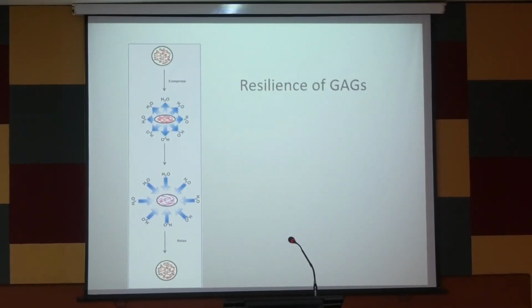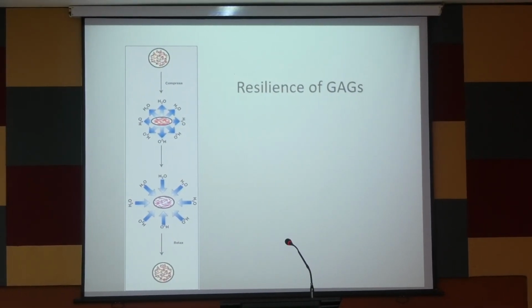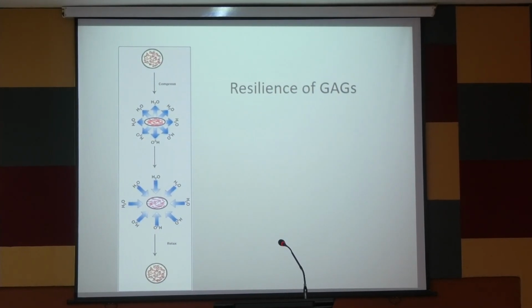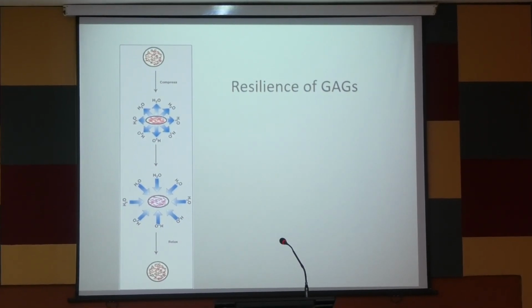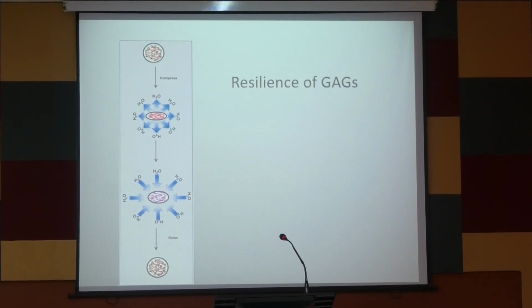Now, what is the speciality of our joints? We can move them back and forth whenever we want. It's not that it is fixed and then we have to move it. No. This is called the flexibility of the joint.